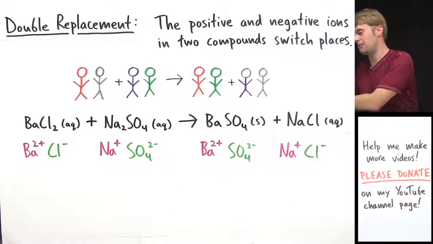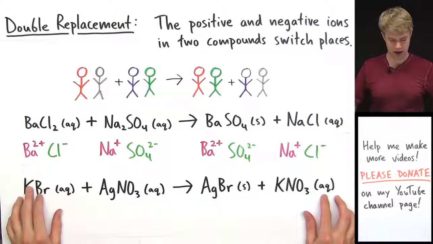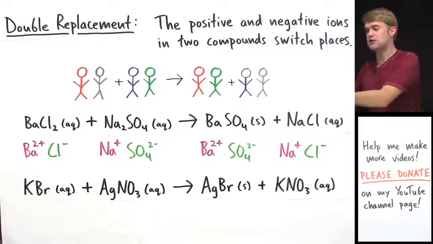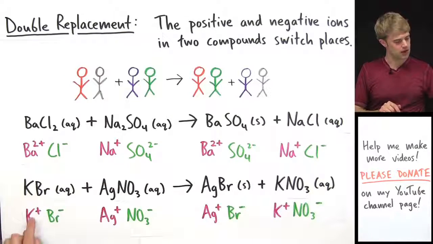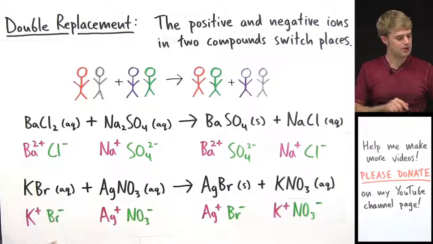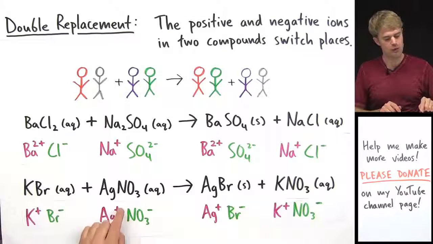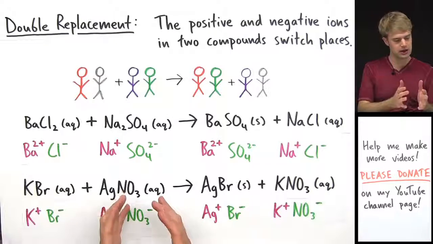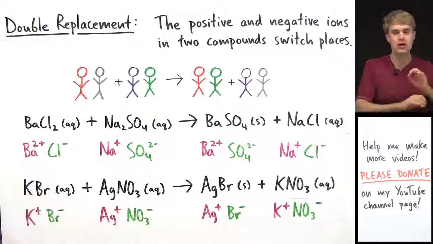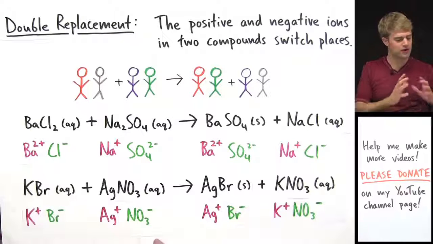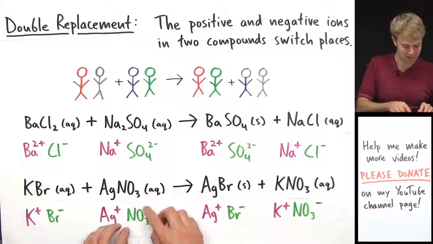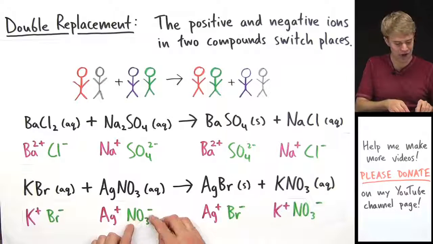Here's another example of a double replacement reaction, okay? I'll break this down into its ions right away, and we get this. We start with K+ and Br- paired together, and Ag+ and NO3- paired together, and then they just switch the positive and negative. So K+ goes and finds the other negative ion, which here is NO3-.